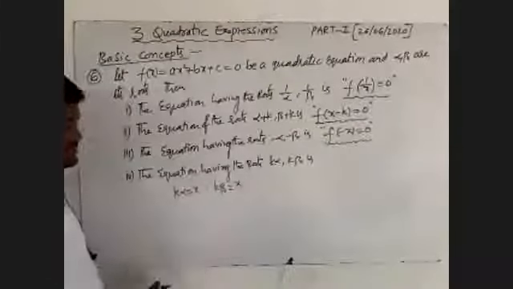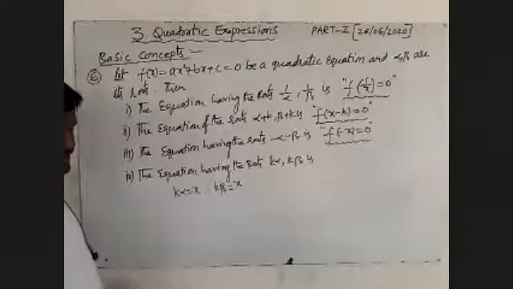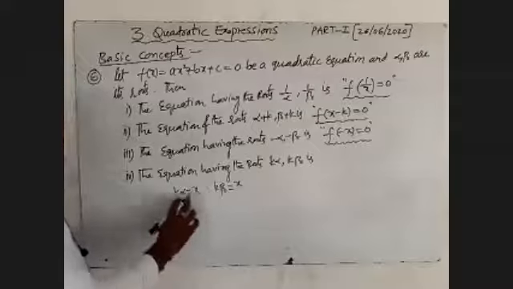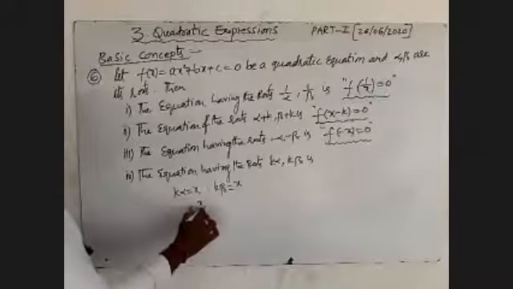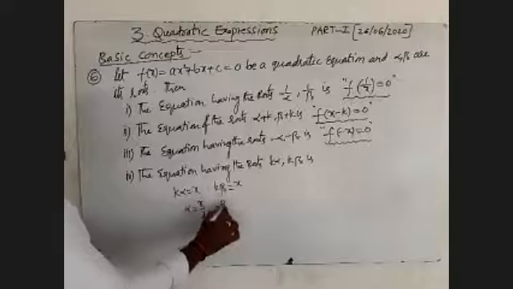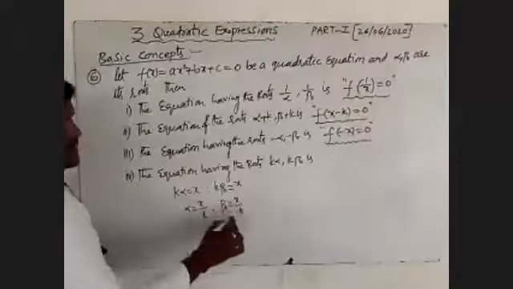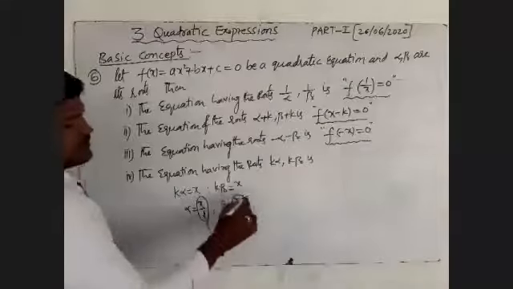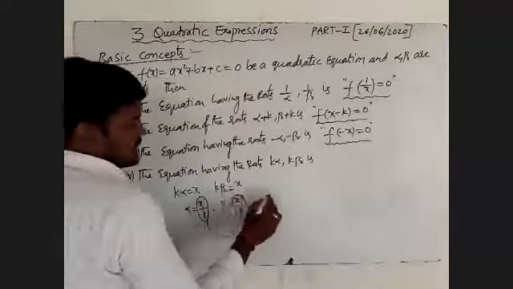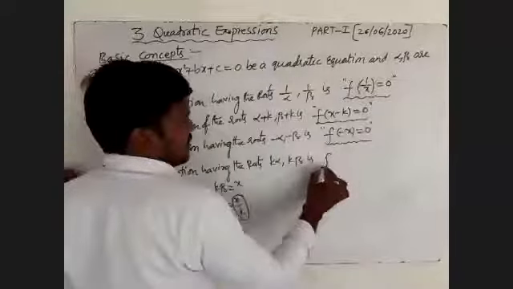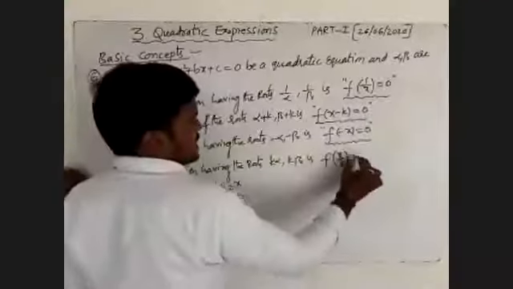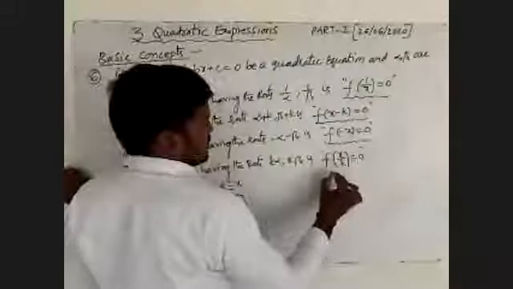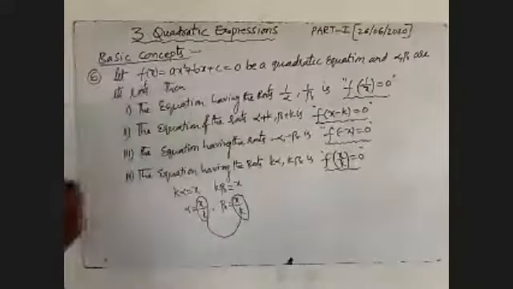Here we write their roots, that is alpha is nothing but x by k, and beta is nothing but x by k. Here the common root is x by k, so I will write f of x by k is equal to 0.